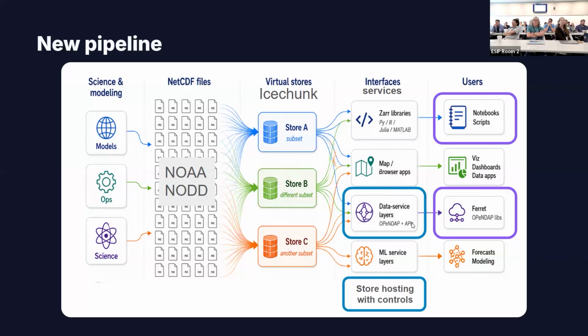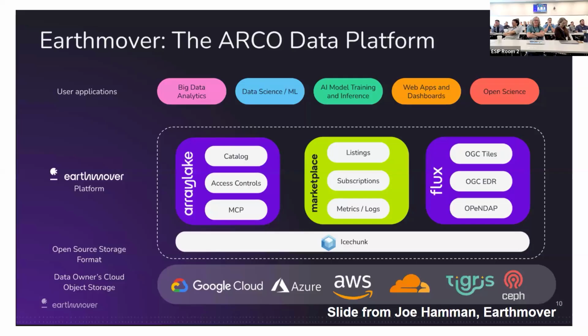They use OpenDAP a lot. It was going to be a deal breaker if we told them, hey, we're going to change to this new way of delivering the data. It's really great, you can do all these amazing things, and you have to change all of your pipelines and rewrite all your code. That was not going to happen. They're busy people, and that was going to be a deal breaker.